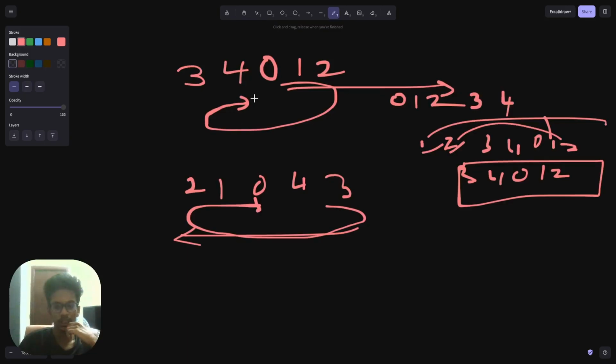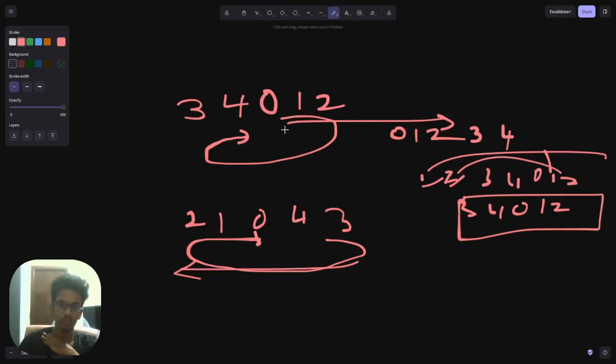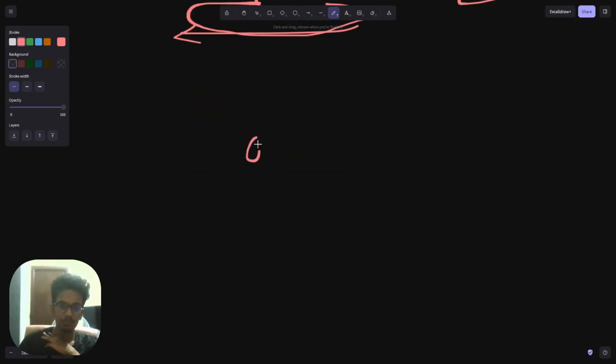If there's a forward cycle, there are two chances you have. Either simply by left rotating stuff, or else it would be reverse plus left rotating stuff.